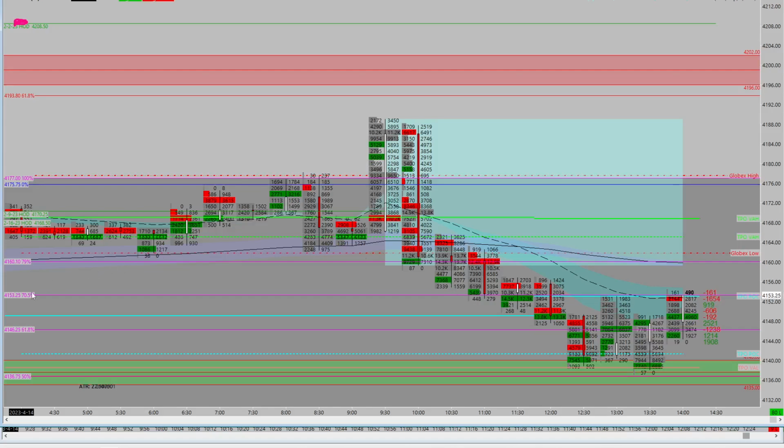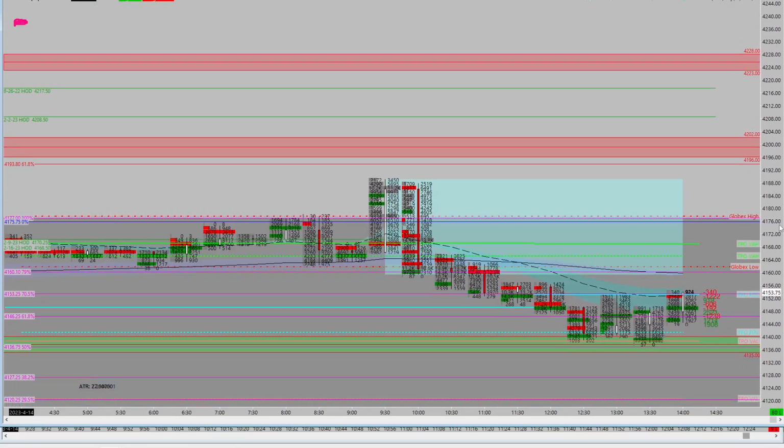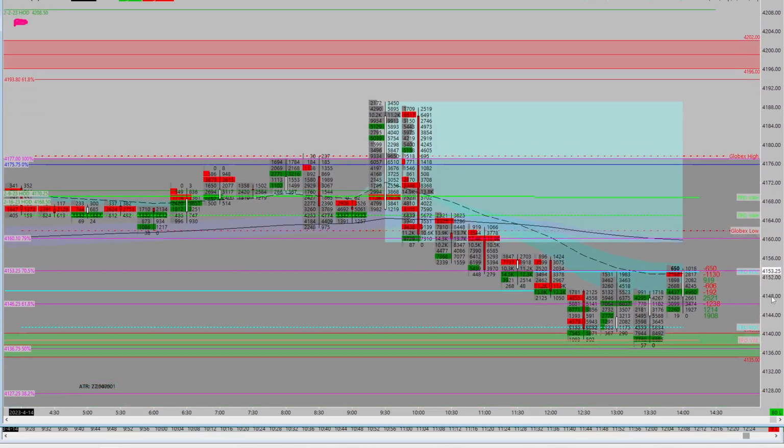So I said in the room too that this 50s area was an area that one could look for long, but I didn't have it marked because I didn't really love the level, right? If you guys follow me here, or subscribe to me here rather, or on StockTwits, you would know that the daily plan was these two sell zones, these two buy zones, which, as we can see, as of now, we have a beautiful zero print.